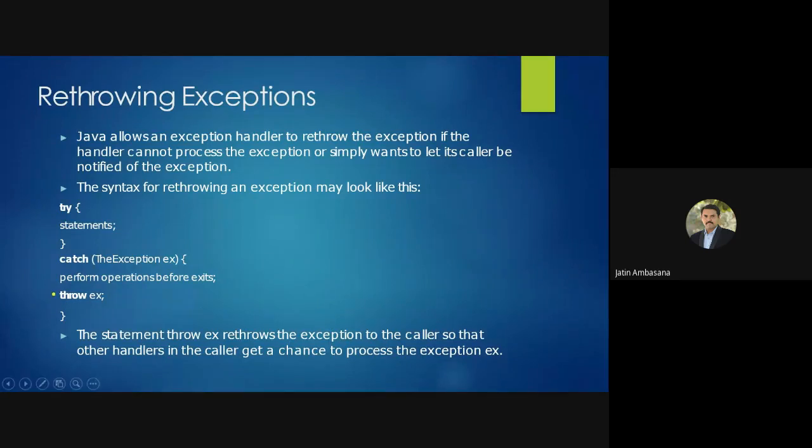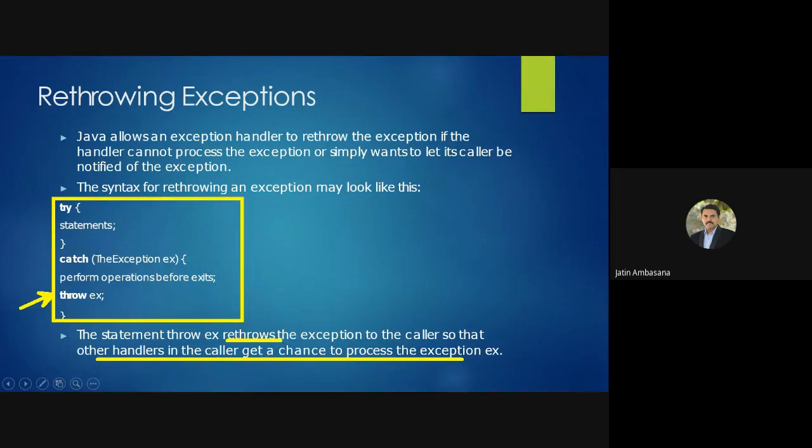So here the throw statement inside the catch rethrows the exception to the caller so that the other handlers in the caller get a chance to process the exception. Okay. Caller means who is calling this particular try catch block, or using this try catch block in a method call.